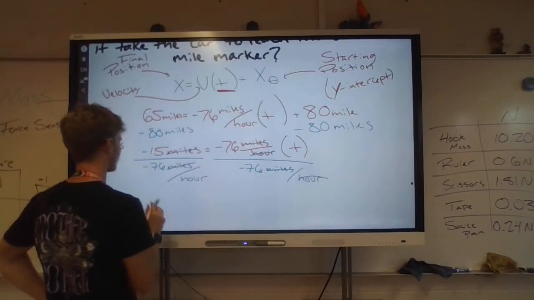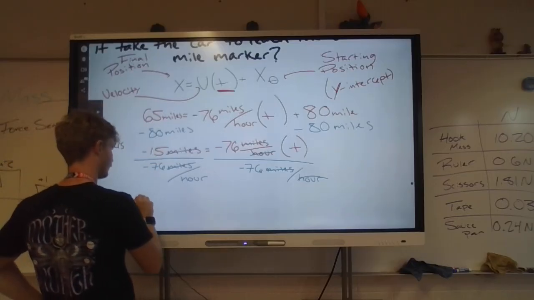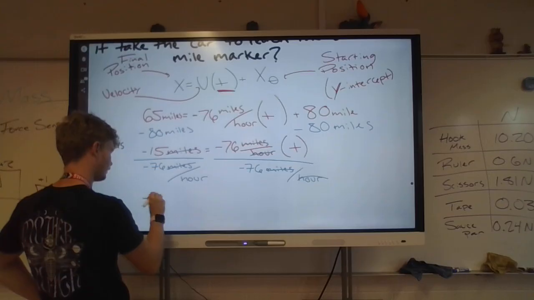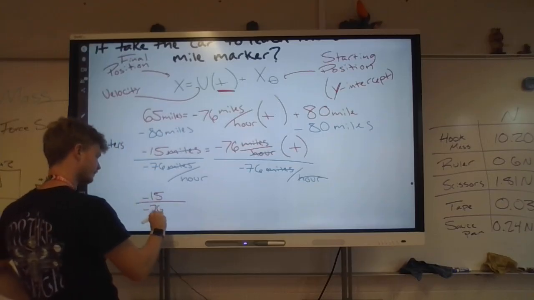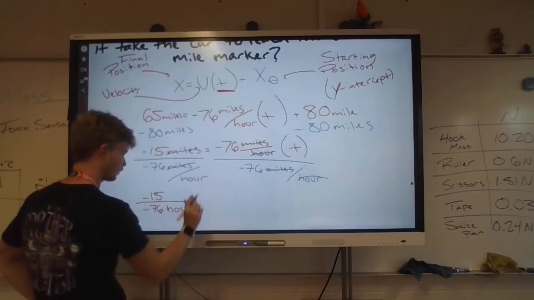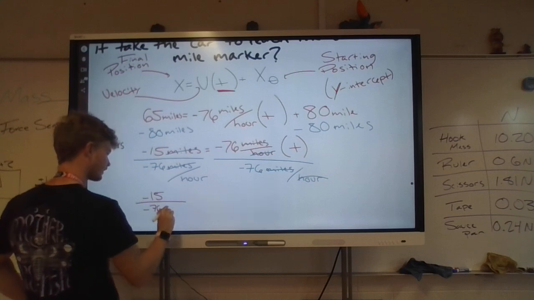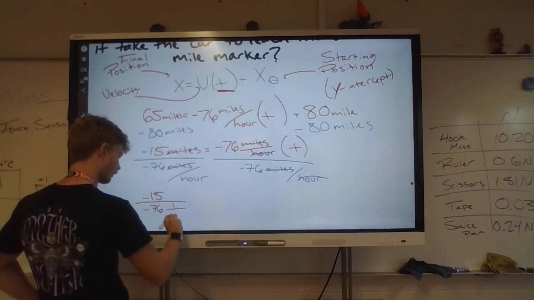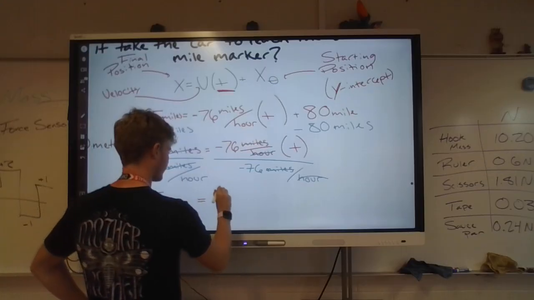Okay, so our final answer here is going to be negative 15 over negative 76 hours, which will equal t, time.